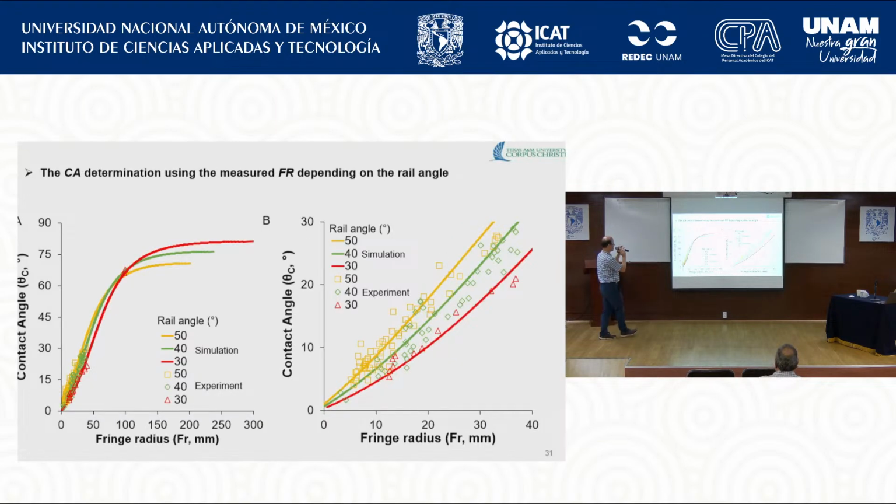Now this one shows the contact angle determination depending on the different incidence angles between the simulation and experiment. Right? This one shows 0 to 90 degree, and the right one shows a zoom view for the smaller area here. Okay, it shows good agreement with each other.